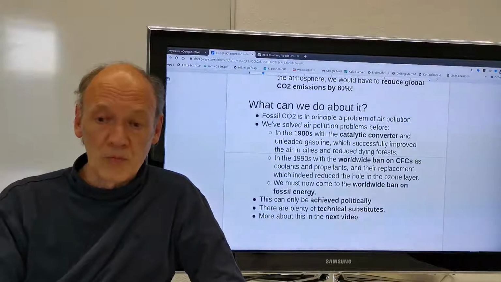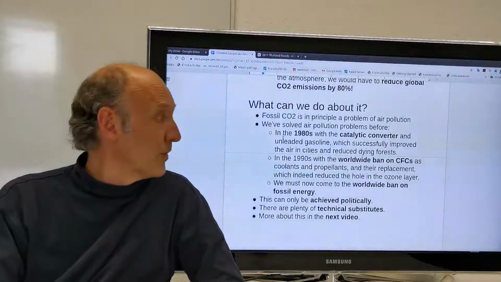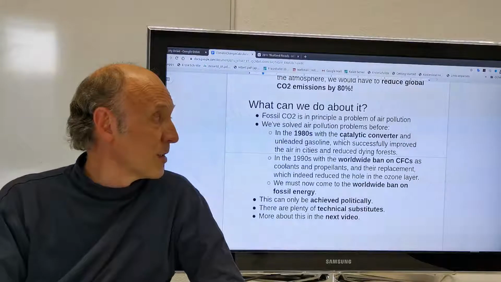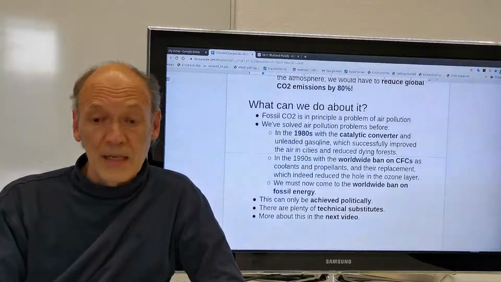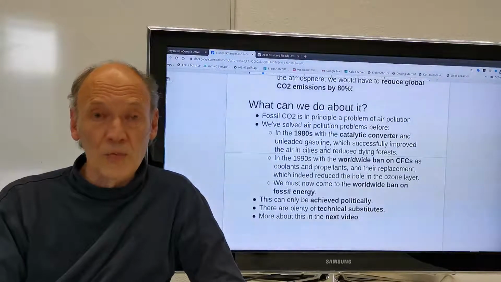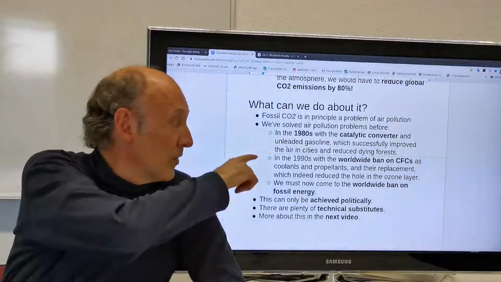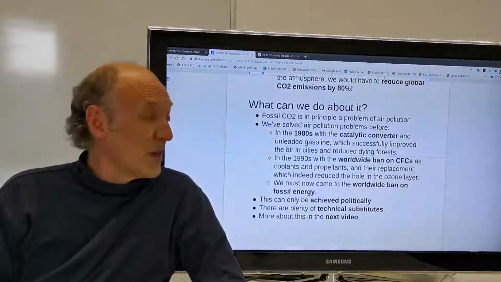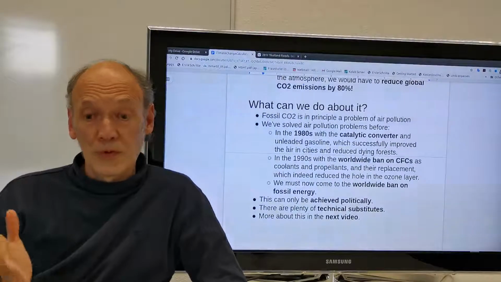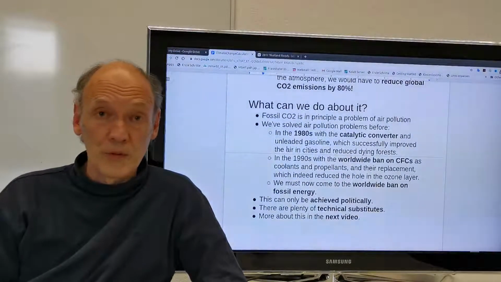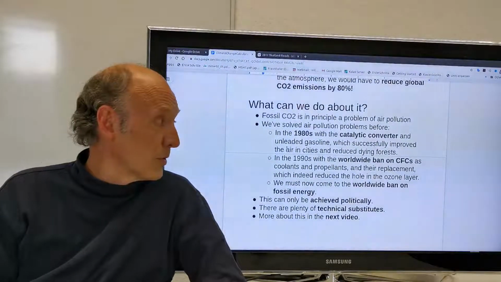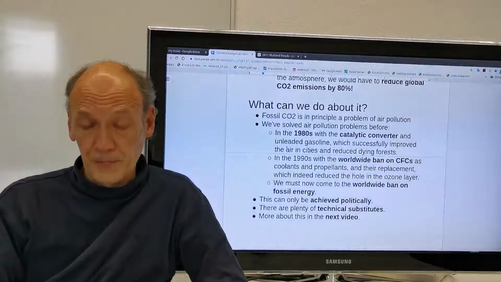We solved air pollution problems before. For instance, in the 1980s with the catalytic converter and unleaded gasoline, which successfully improved the air in big cities and also reduced dying forests. Right? It worked. The catalytic converter worked. In the beginning there was also a lot of opposition to it, but then it actually worked.